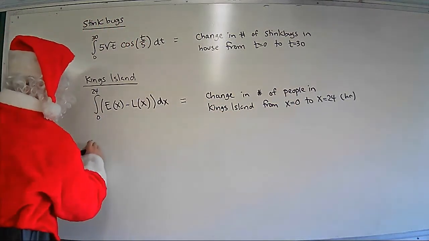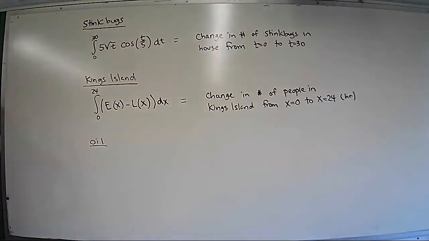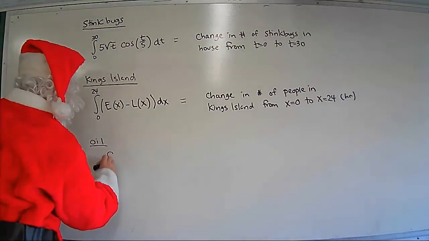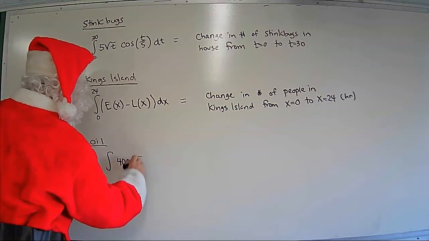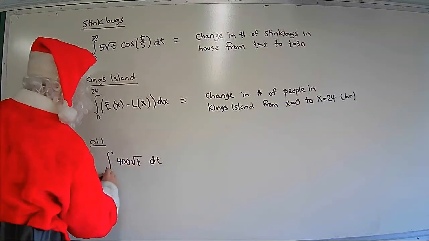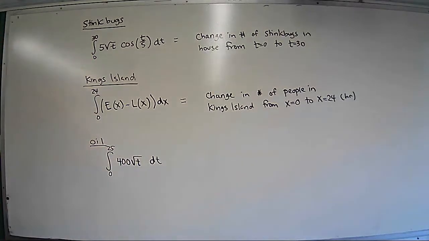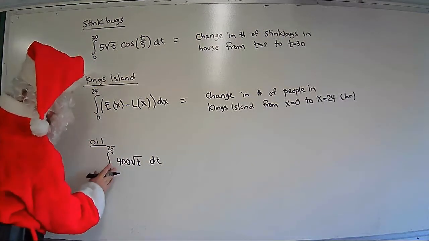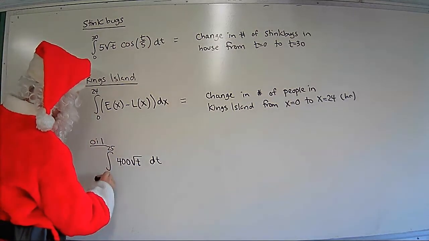And if we go back to the oil, back to the beginning of all this, I think the oil function was 400 radical T. Okay? And I'm just putting 0 and 25 there. But in fact, I don't have to start at 0. Let's just start at 10.